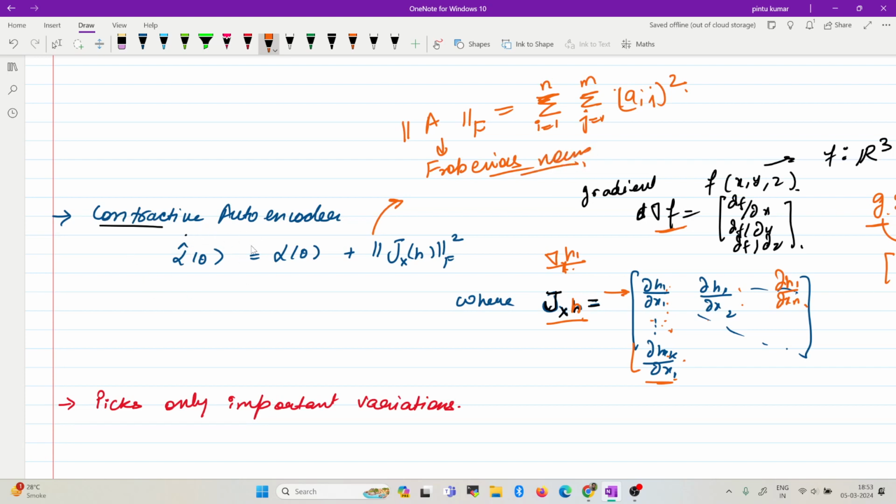So what is a contractive autoencoder? Contractive autoencoders include this Jacobian term as a regularization term. How does this regularize?